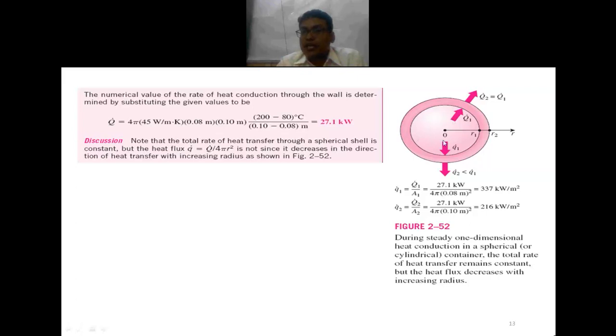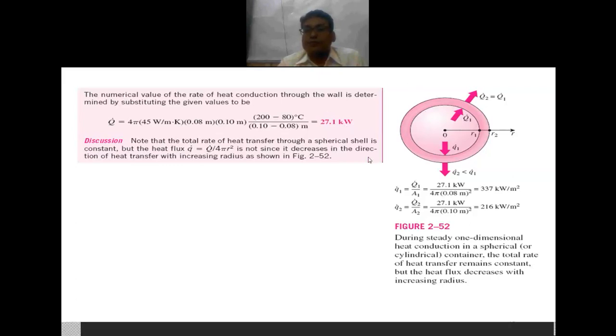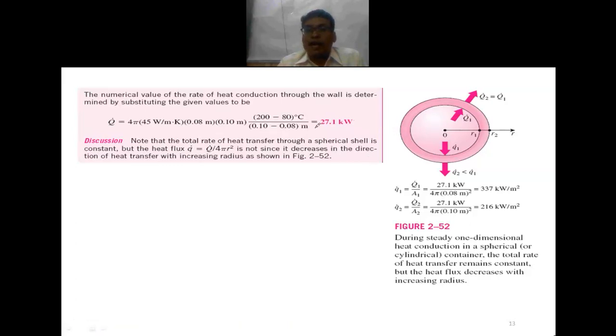Here the heat conduction that is taking place is the same: Q1 is equal to Q2, which is equal to Q, the same heat that will be transferred. This same value of capital Q is nothing but the rate of heat conduction.